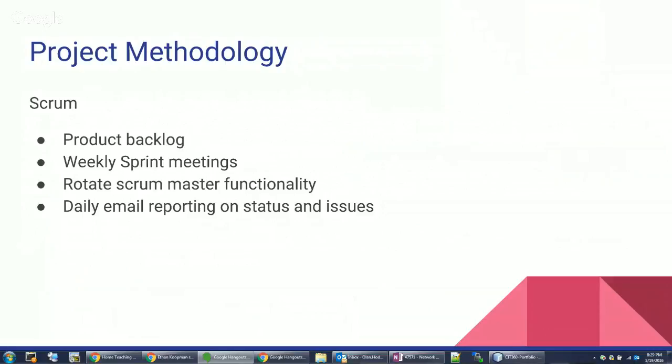As part of this, we plan on rotating the Scrum Master functionality so that none of us gets too overburdened, and also we get the opportunity to learn from that role.